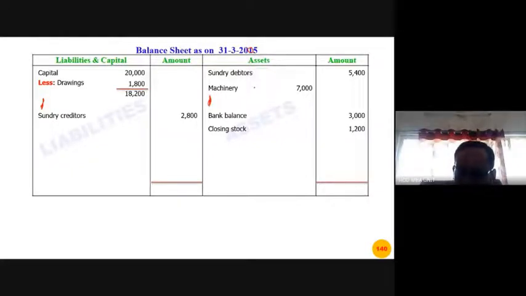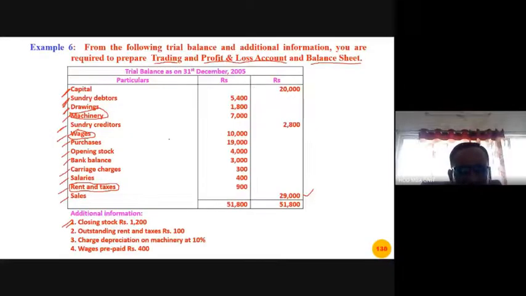Go to the second adjustment. What is that second adjustment? It is outstanding rent and taxes. See, outstanding rent and taxes refer to rent and taxes to be paid for this financial year, from 1st January 2005 to 31st December 2005. So this was the financial year.